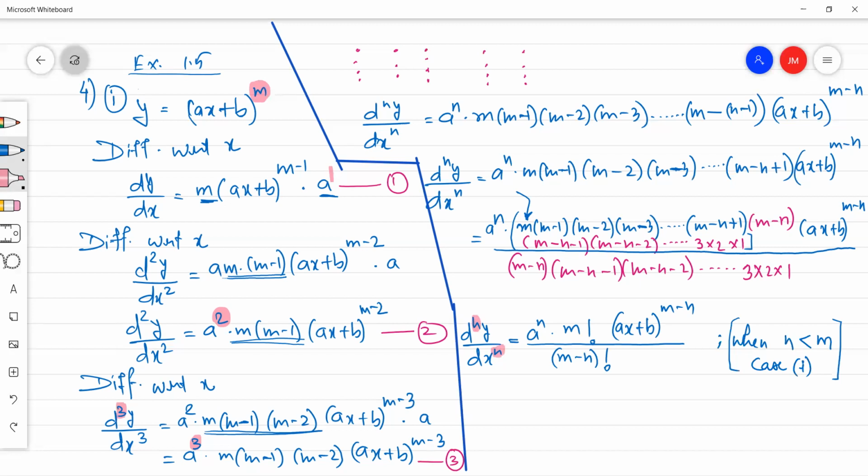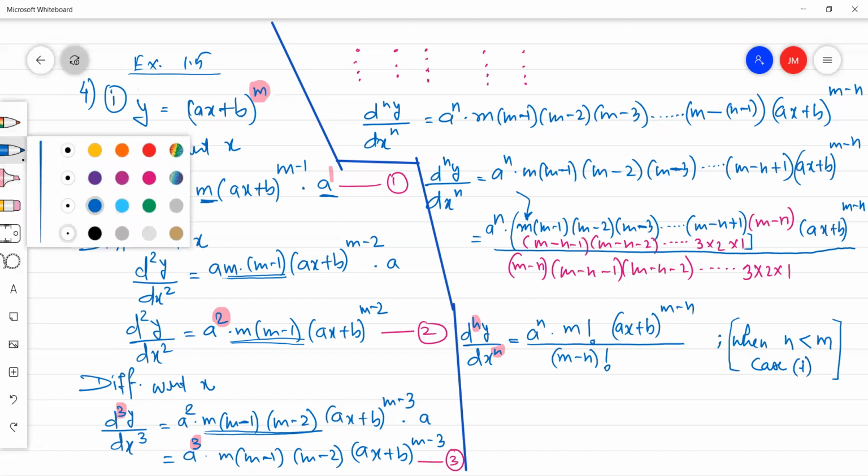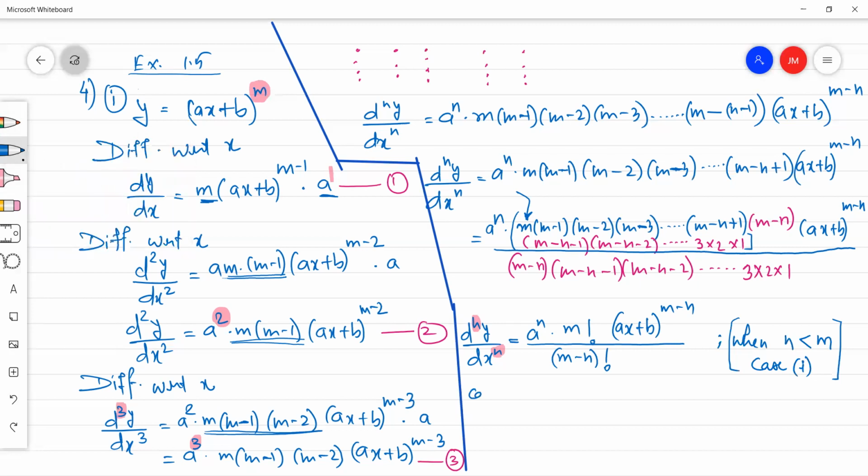What are we going to do next, students? We will take case 2. In case 2, that is n equal to m. Now, when n is equal to m, here everywhere for n you will write n.